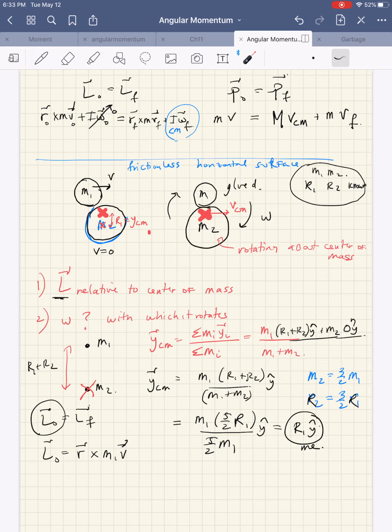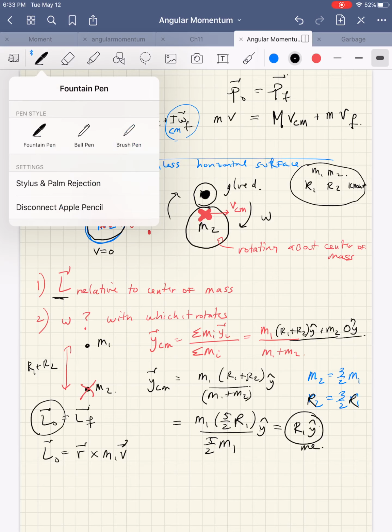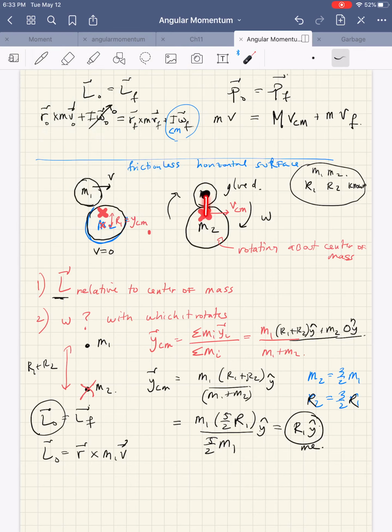My point mass M, let me make it kind of big, here it is, right in the center of itself. This is more what it's going to look like during the collision. So this will be my R vector. It will be the distance from the center of mass to the location of M1, so it's going to be R1 plus this distance.